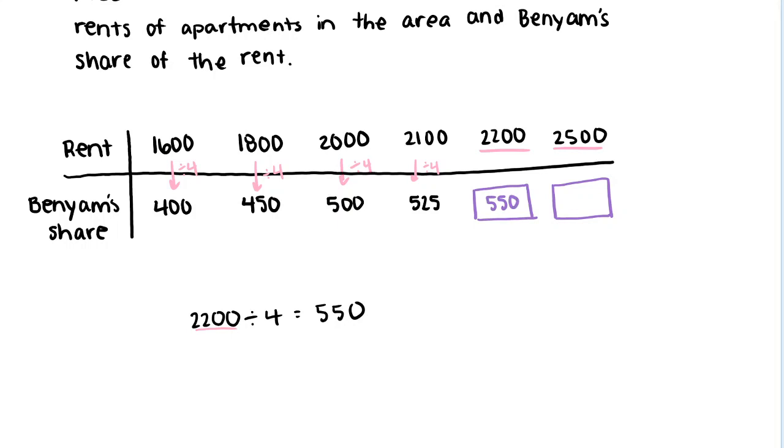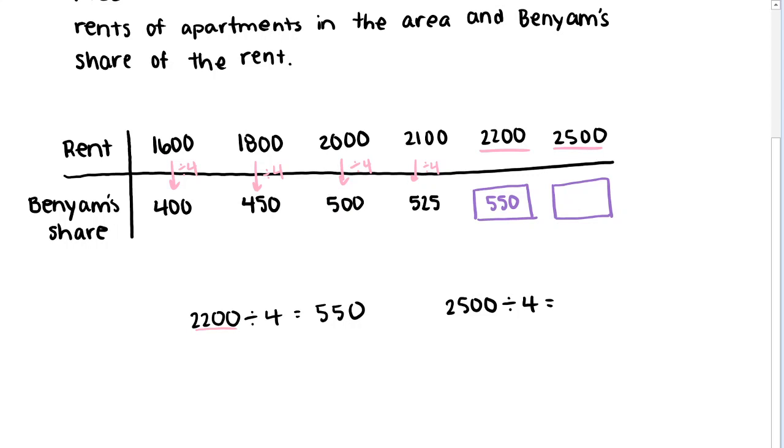And we can do something similar to figure out 2,500 divided by 4. Well, I know that 2,400 divided by 4 is 600. And then there's still $100 left over to split 4 ways. So it would be fair if everyone paid $25 to account for the remaining 100.